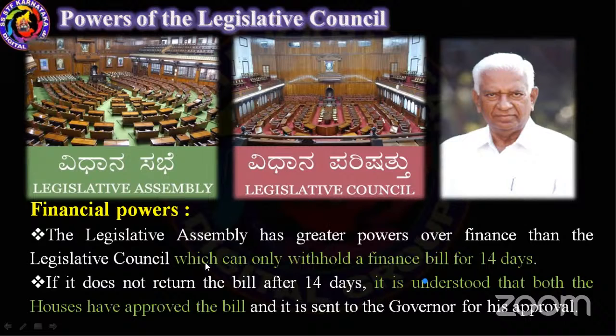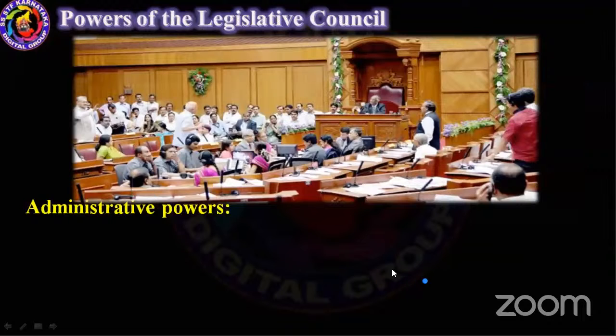We have discussed that issue under the financial powers of the legislative assembly. Here we are discussing the legislative council. If it does not return the bill after 14 days, it is understood that both houses have approved the bill, and later they will send it for the signature of the governor.